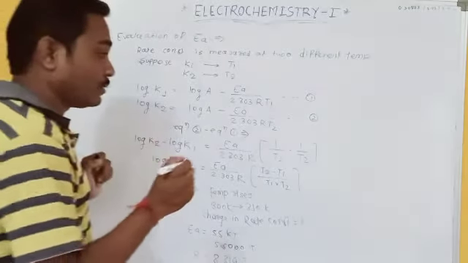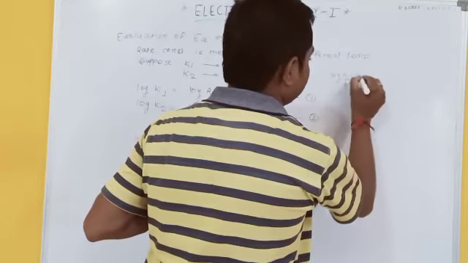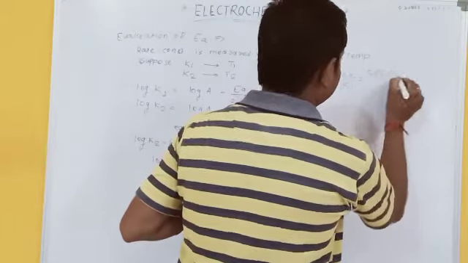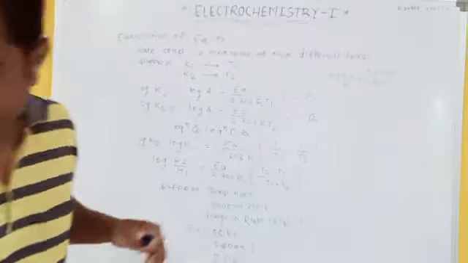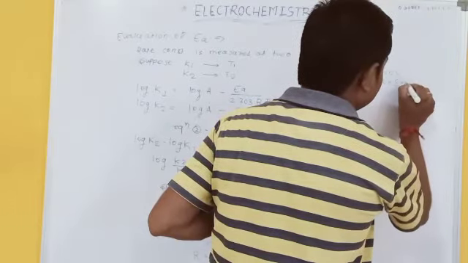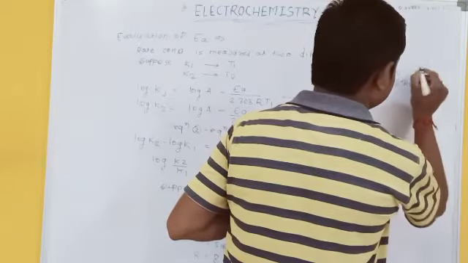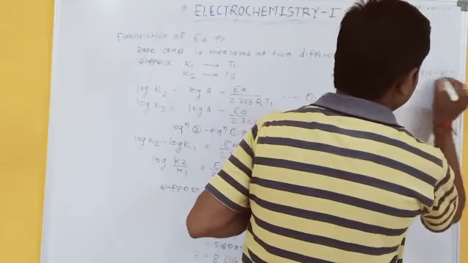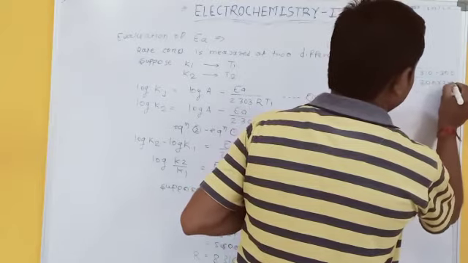If we put both these values, log K2 divided by K1 is equal to 55,000 divided by 2.303 into 8.314, and here we write the temperature: T2 310 minus 300 divided by 300 into 310.